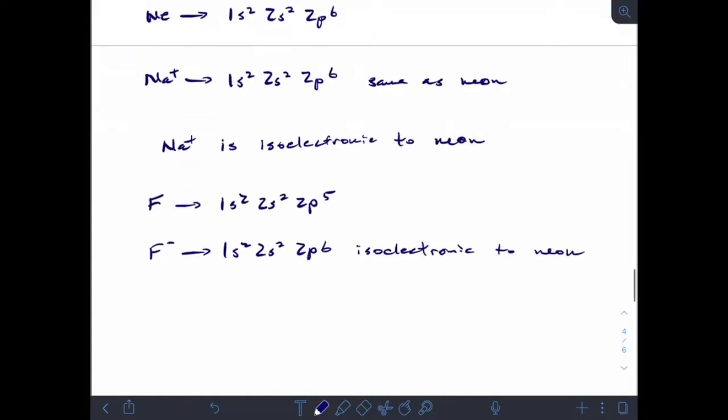By that same reasoning, fluorine minus is isoelectronic to sodium plus. They both have the same electron configurations. They're both the same as neon, so they are the same as each other.